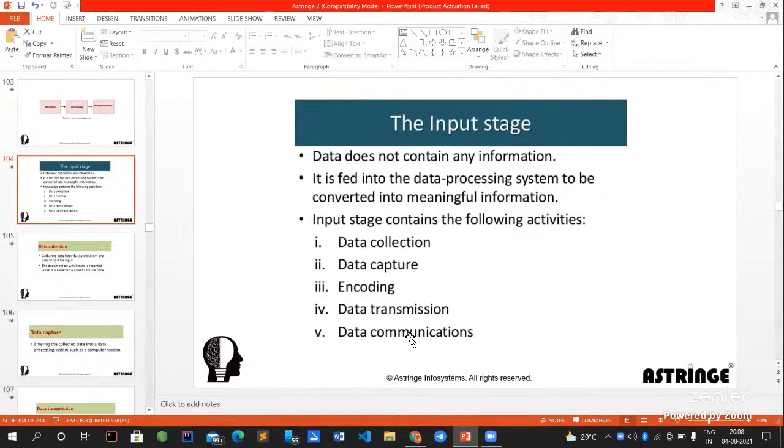Because if you provide raw data, obviously it will have some basic information. Now what will you expect in the output? You will expect that your data should have meaningful objectives in it. That's how it has been categorized.